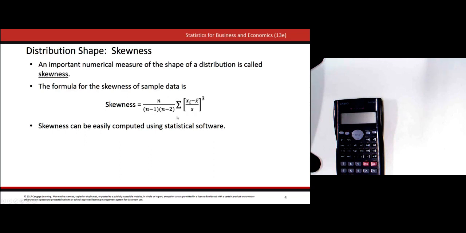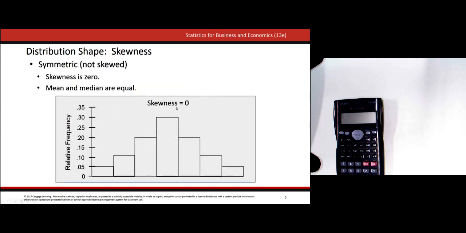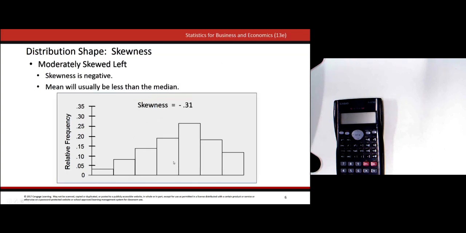You will have some multiple choice questions on skewness, such as if the skewness is 0, the distribution is symmetric. If it is symmetric, the left half is the mirror image of the right half.